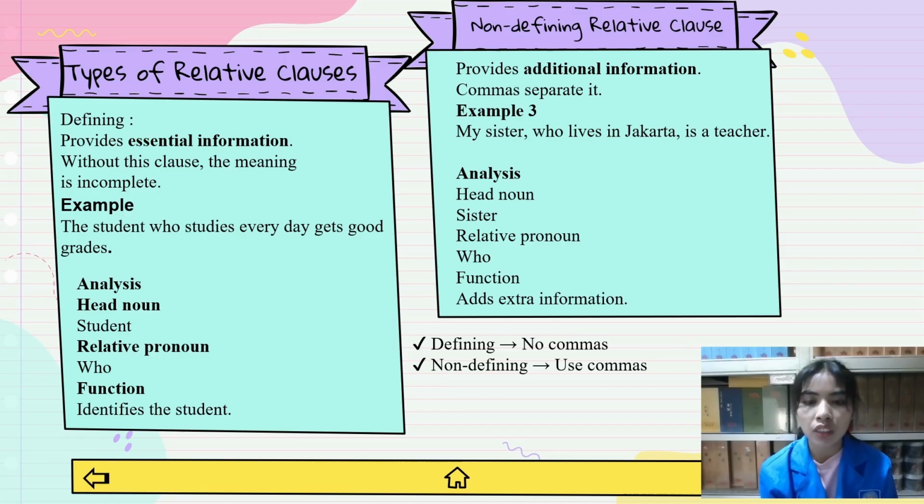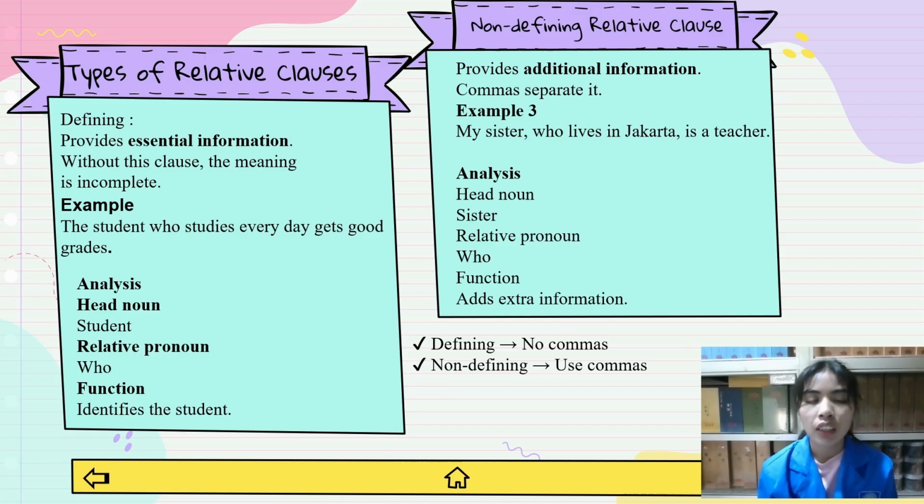Without this information, the meaning of the sentence becomes unclear. The second is the non-defining relative clause. It gives extra information and is separated by commas. Even if we remove this clause, the sentence still has a complete meaning.